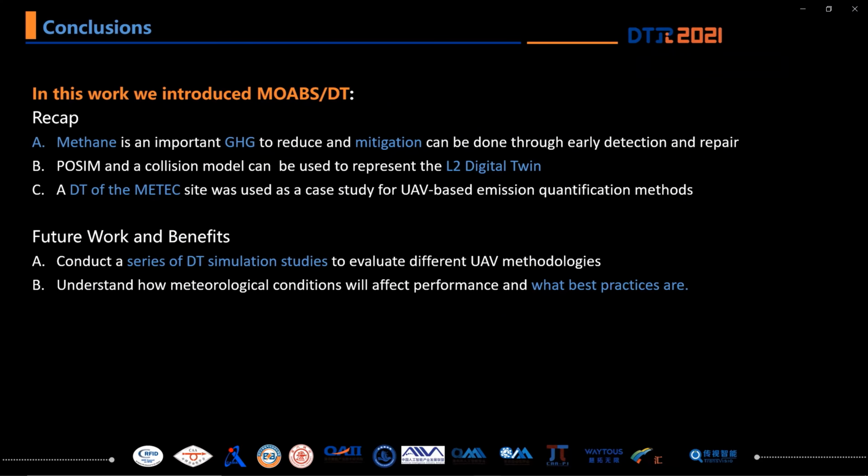In future work, we'll look at conducting a series of these digital twin simulations to evaluate different UAV methodologies and techniques. We also want to understand how meteorological conditions, such as wind speed or turbulence, might affect the performance, and it'll help us identify what the best practices are.